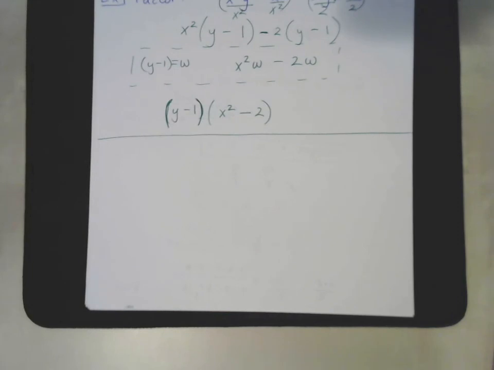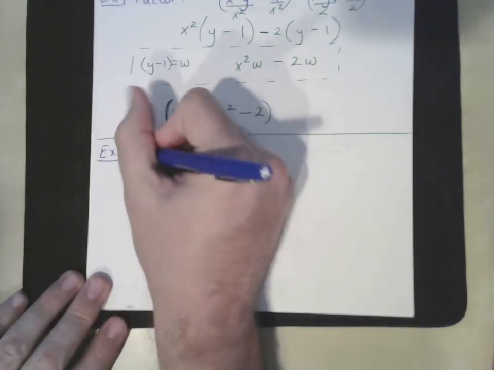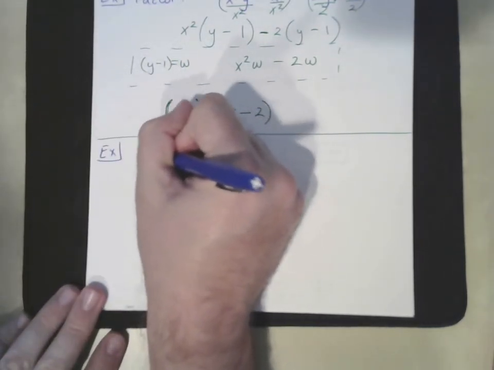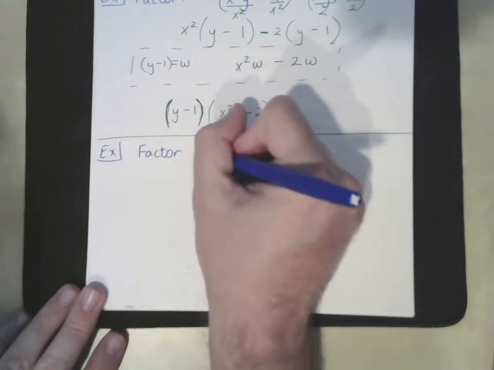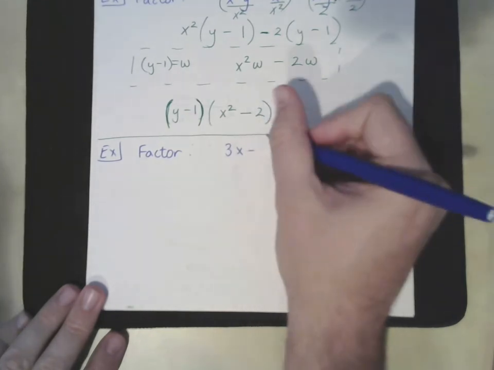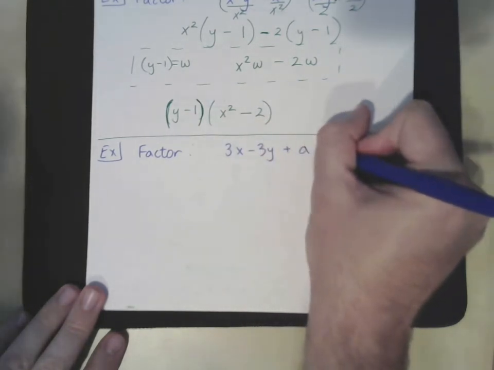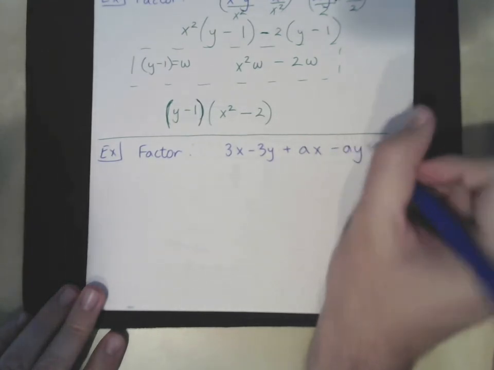Okay, so let's try another one real quick here. Let's look at factoring this expression, 3x minus 3y plus ax minus ay.